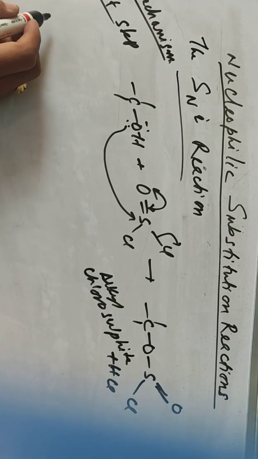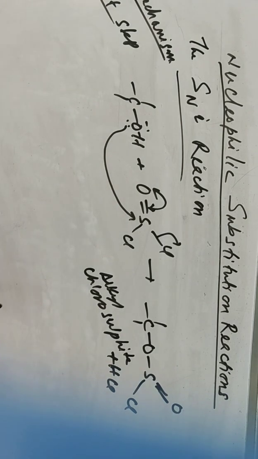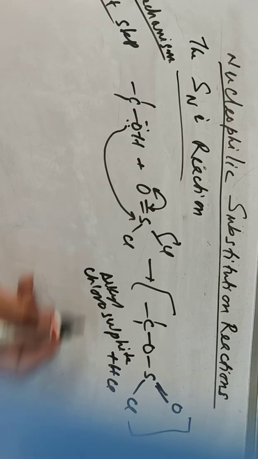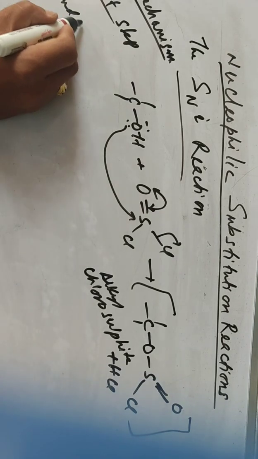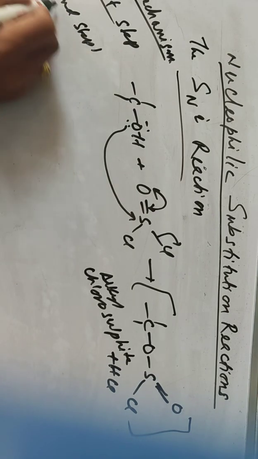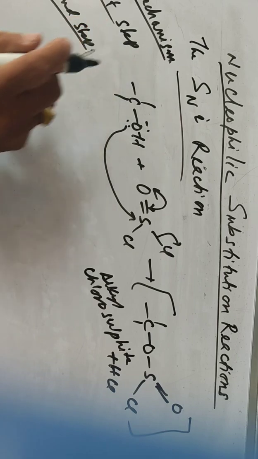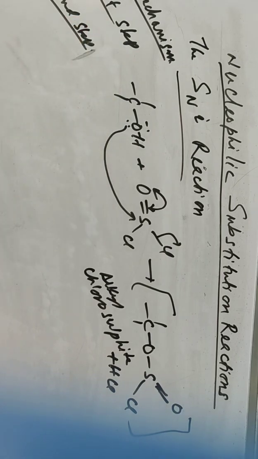In the second step, this alkyl chlorosulfite intermediate dissociates slowly into an ion pair and a carbocation.